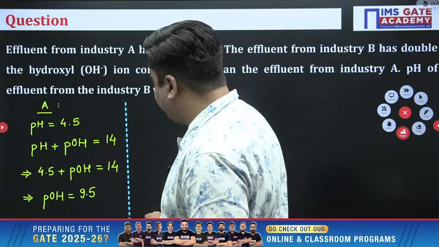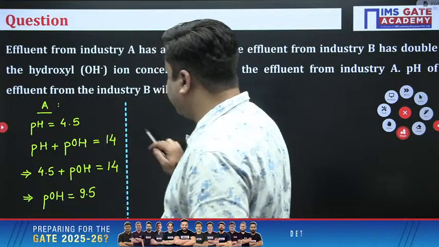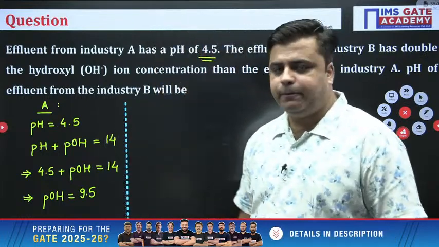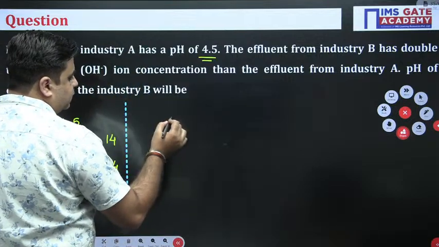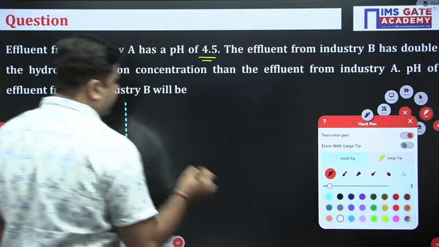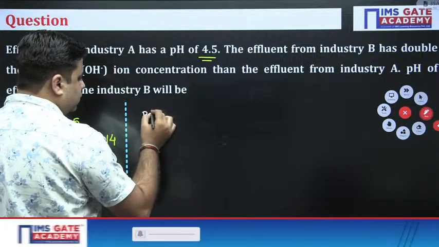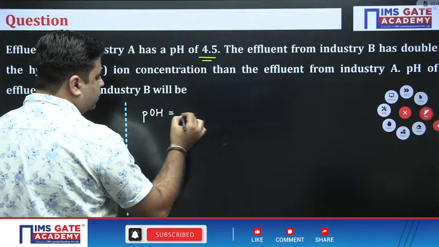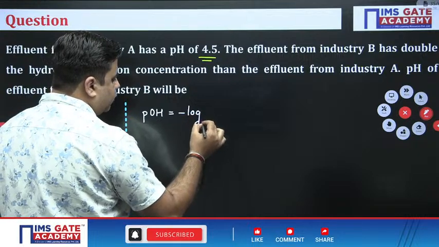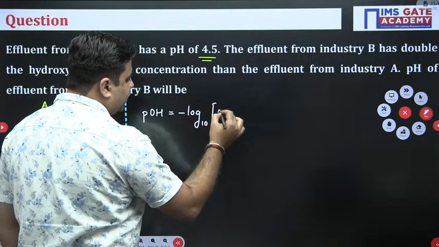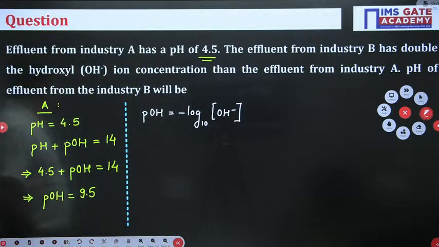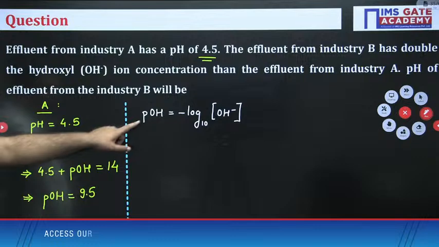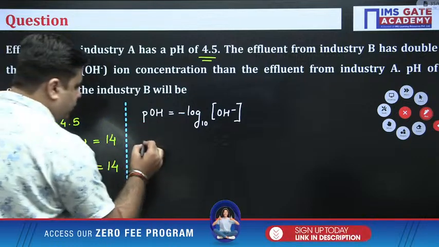Now once you have pOH, get me the OH minus ion concentration for industry A. So I can write down pOH is negative log to the base 10 of OH minus ion concentration. That is pOH. And the value of pOH is 9.5 for industry A. You can substitute here.